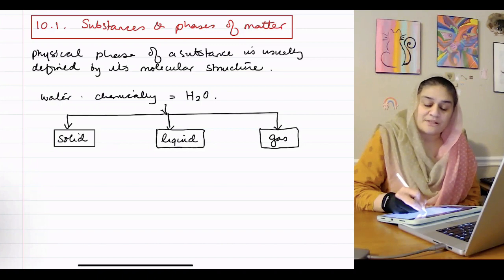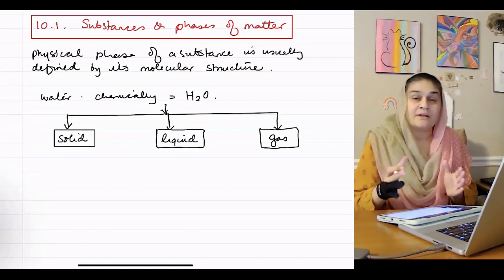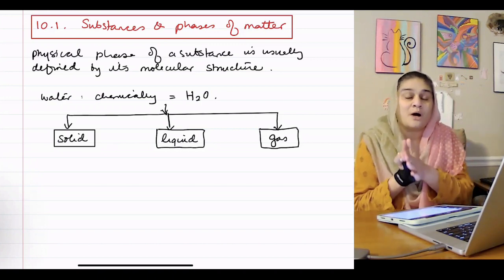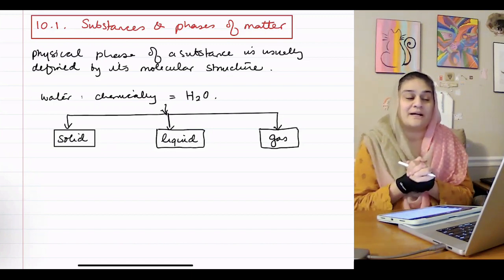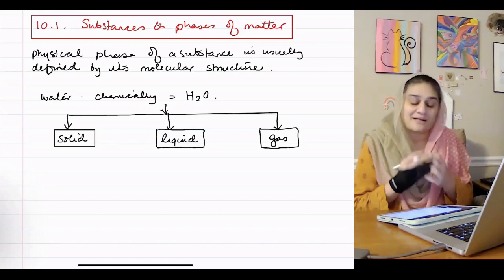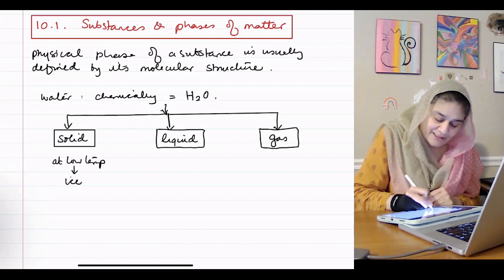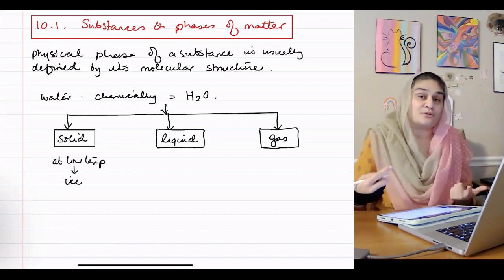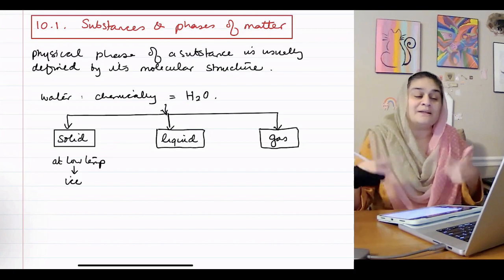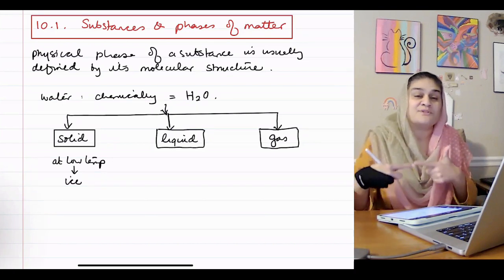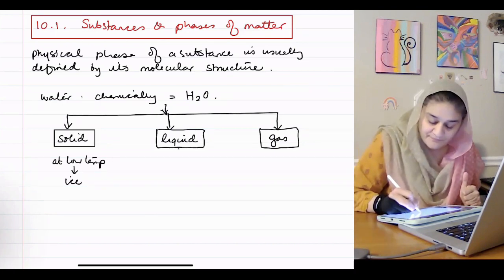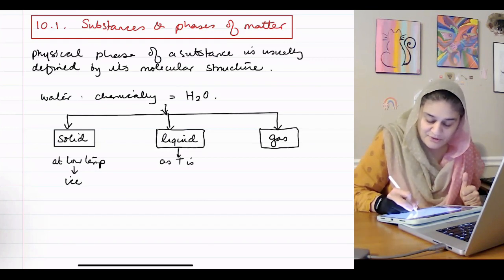So if I was to take the example of water, at low temperatures, water takes on a rigid crystalline molecular structure, and we call it ice. Now, as the temperature of ice is raised, the molecular structure of water becomes a liquid.